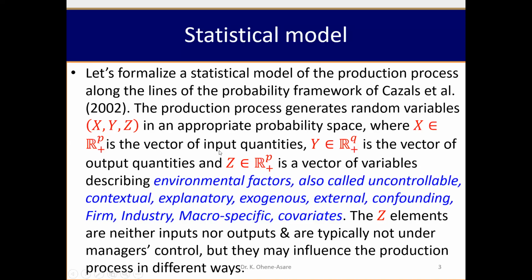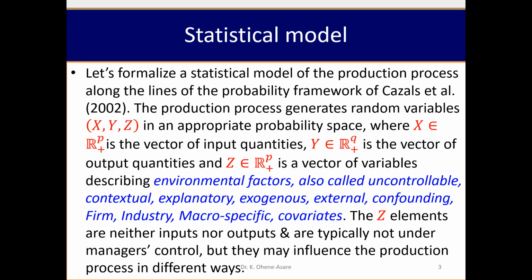Now, this vector of variables, these Z variables, we call them environmental factors. You see this in the literature a lot. They are also called uncontrollable factors, uncontrollable because they were not within the control of the managers. They are outside managerial control, especially in the agricultural industry, where rainfall is outside your control.